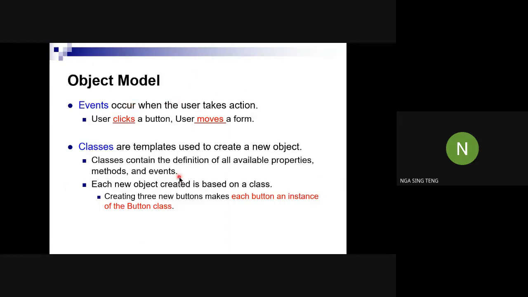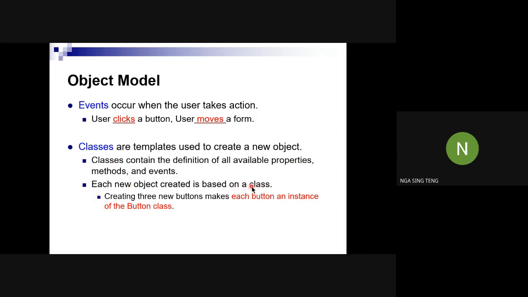Classes are the templates used to create new objects. So you have a class, and you have a lot of objects under this class. Classes contain the definitions of all available properties, methods, and events. Each new object created is based on a class.